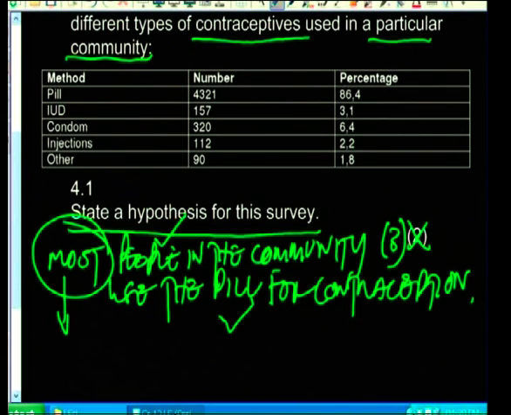You have to take a stance. You cannot ask, would more people do this? No. You have to say either more or most, or less. Even if you said the least amount of people, it's still correct because it's a hypothesis. They didn't ask you for a fact, they asked you for a hypothesis. A hypothesis is your prediction.